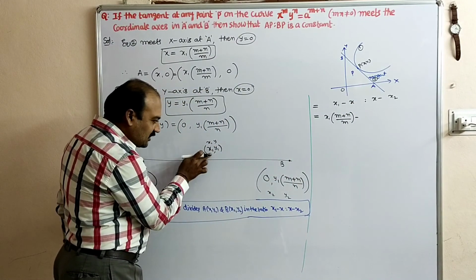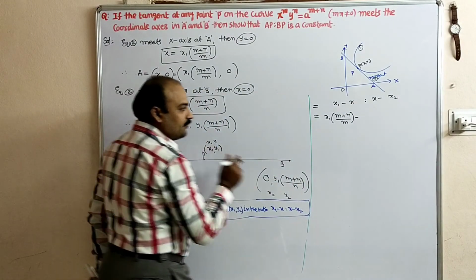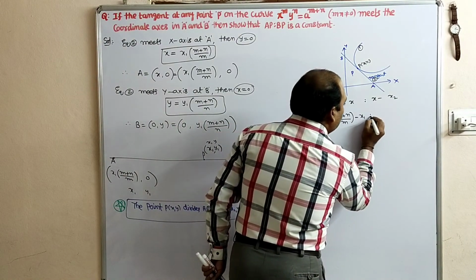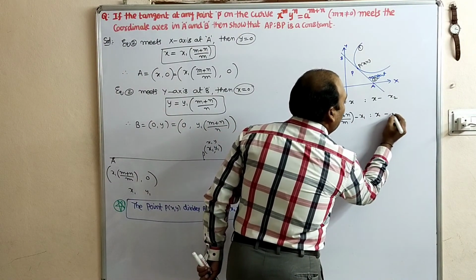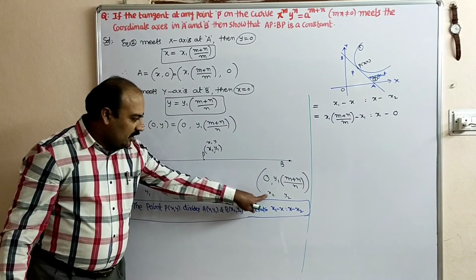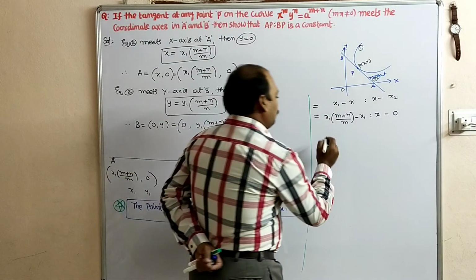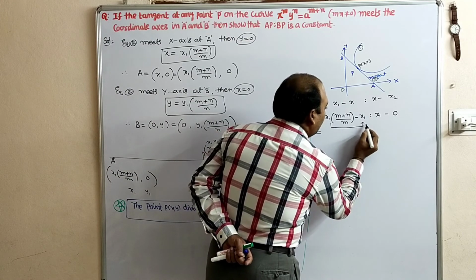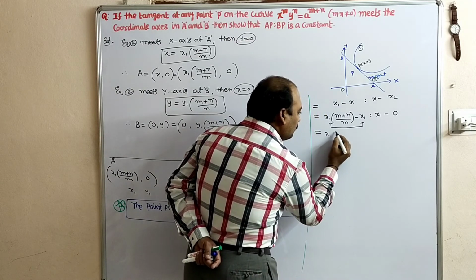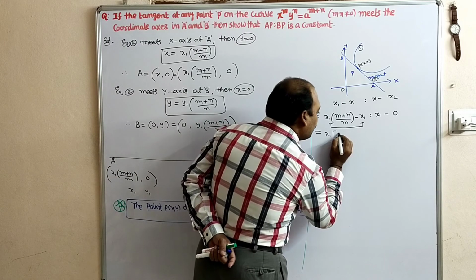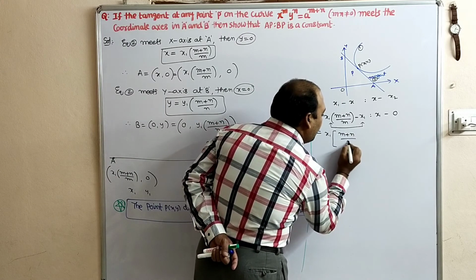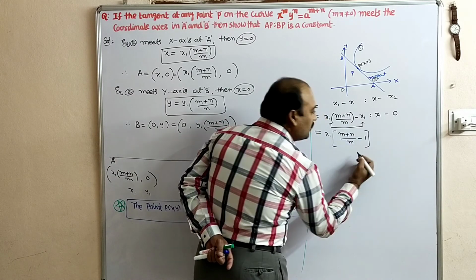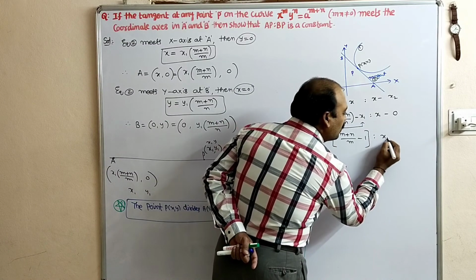X is equal to x1. Observe carefully: x1 is to x, and again x1 minus x2 value, where x2 value is 0. From these two, take x1 common: x1 (m plus n divided by m minus 1) is to x1 minus 0, means x1.